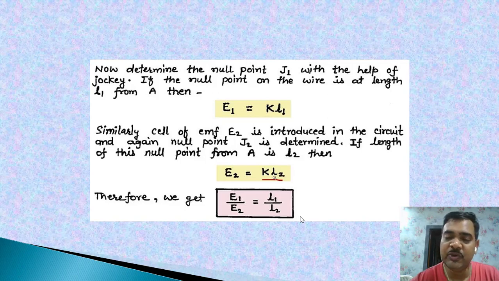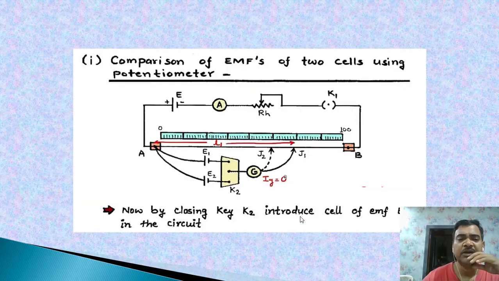L2, then E2 equals what? KL2. Therefore, what do we get? E1 upon E2 equals L1 upon L2. So this is a very simple method in which we compare the EMF of two cells by using the potentiometer.